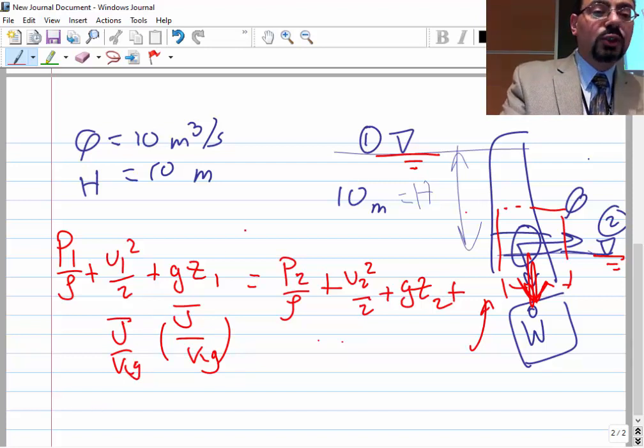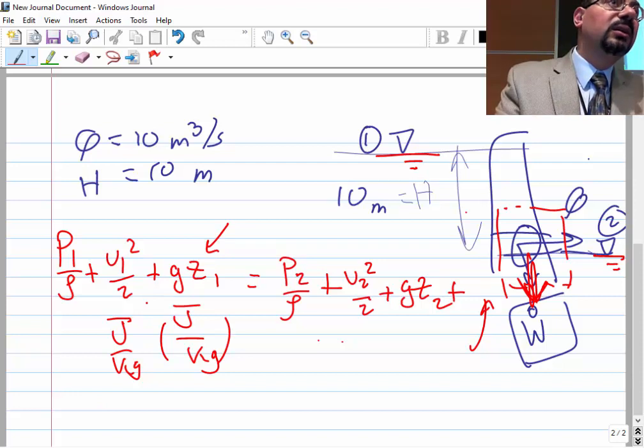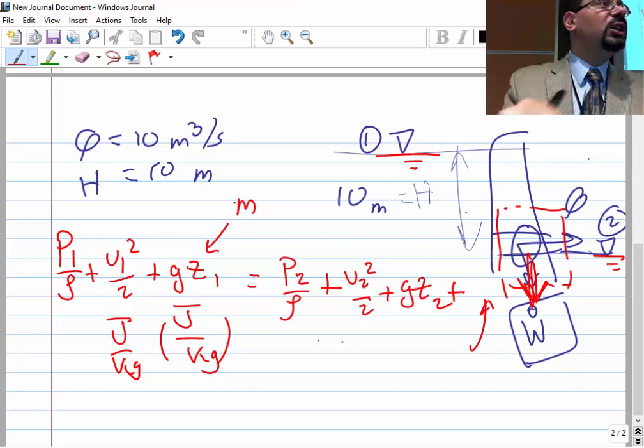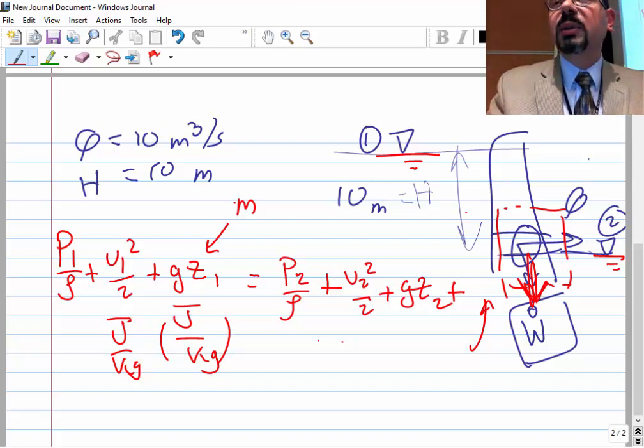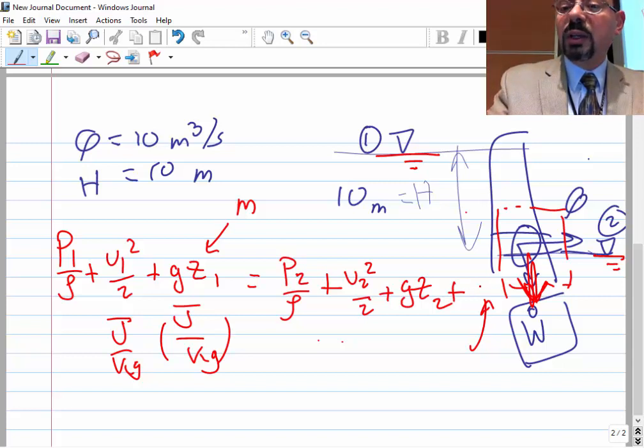So gZ, Z by itself, what's the unit of Z? Head, meter, or feet. So gZ becomes joule per kilogram. So the power that the turbine extracts, if we write it over here, we need to write in terms of joule per kilogram.